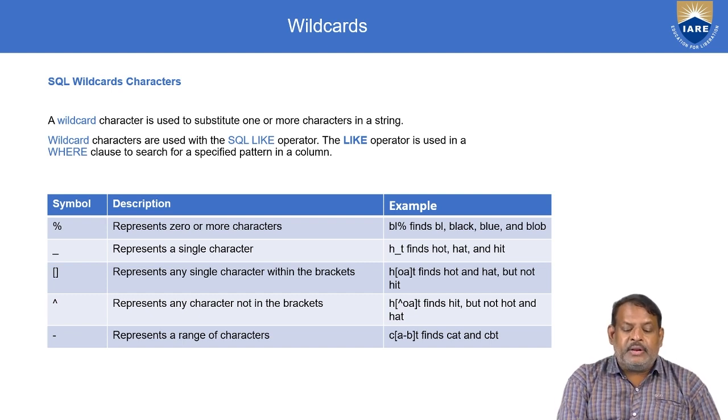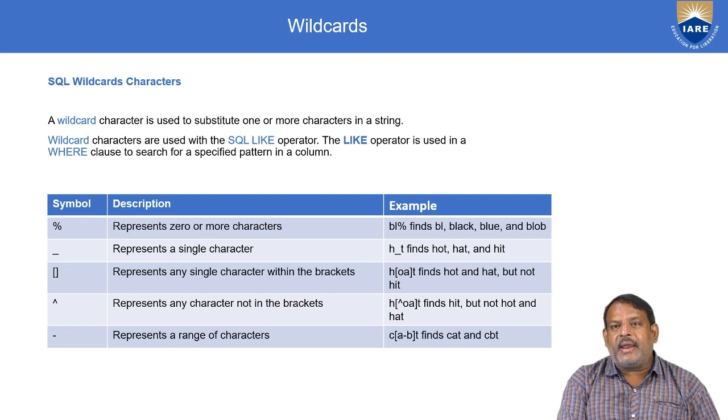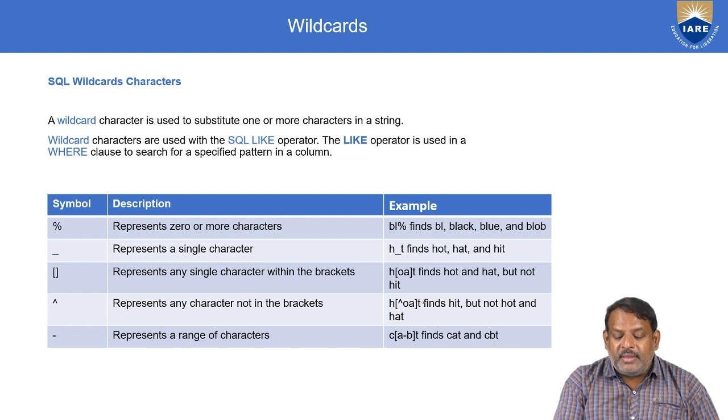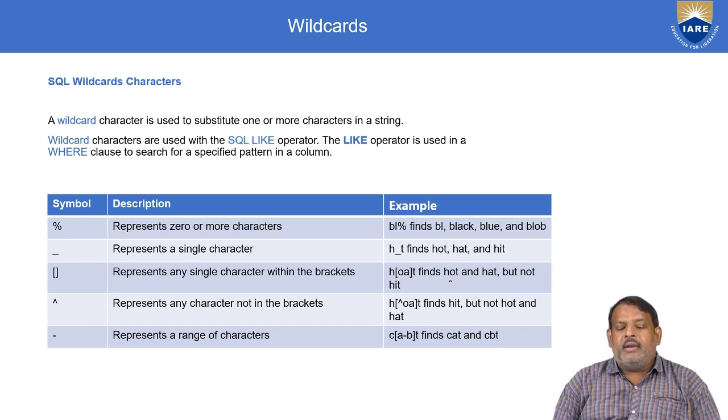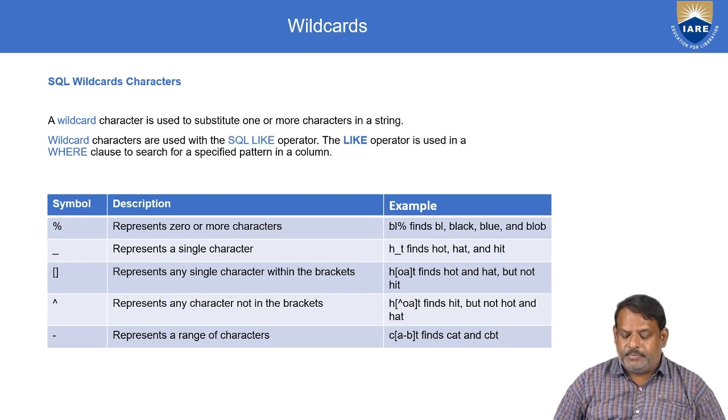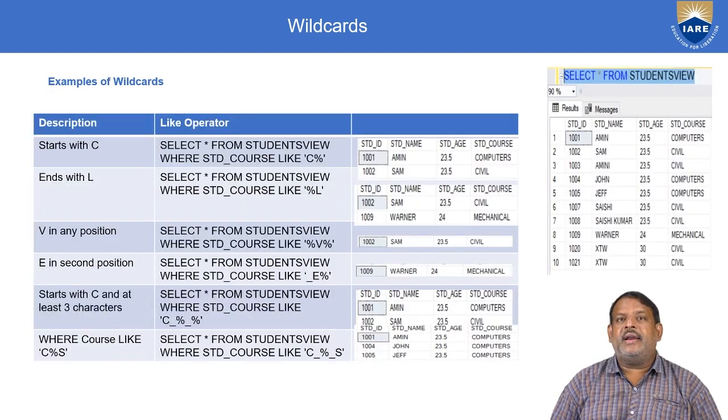When I say not in the brackets, like H[^oa]T, it means anything except O and A, but starting with H and ending with T. If you want to represent a range of characters, [a-b] means anything between A and B. So these are the wildcard characters.